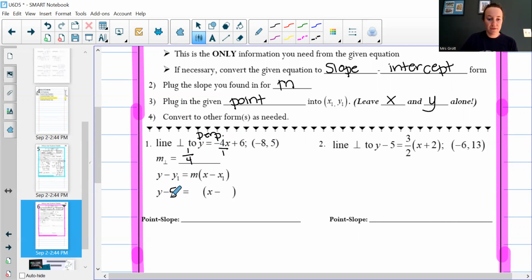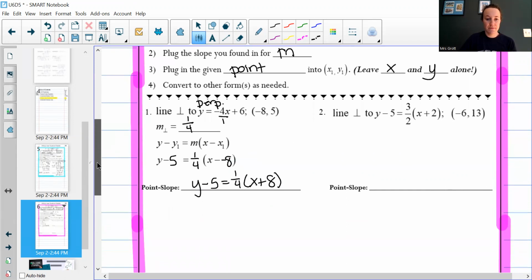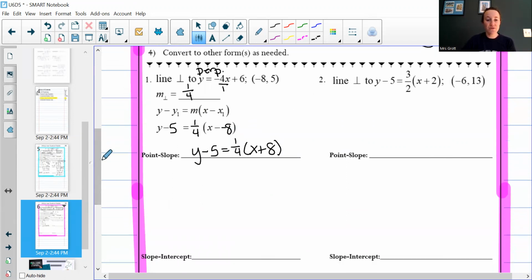Y1 is 5. My slope is 1/4. And x1 is -8. So in point slope form, we have y minus 5 equals 1/4 x plus 8. The only part that's new today is our slope: perpendicular opposite was a negative, became a positive, and we flip our fraction.